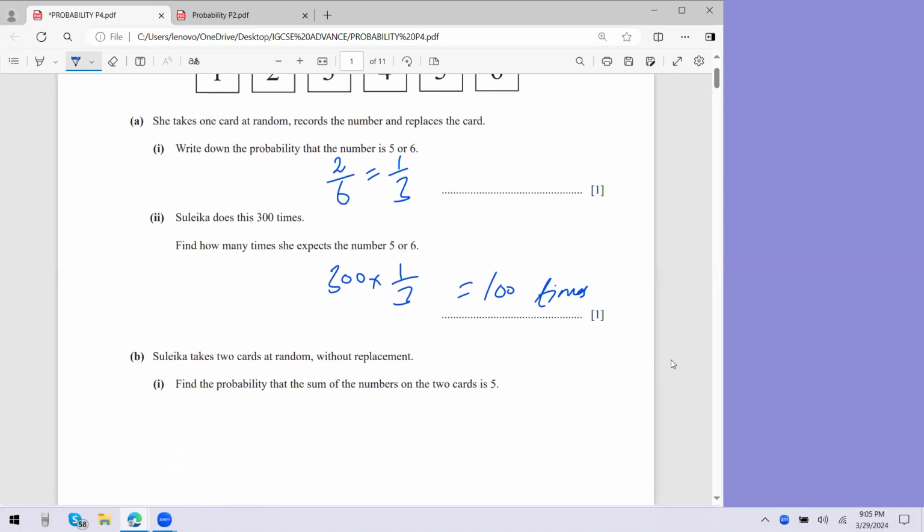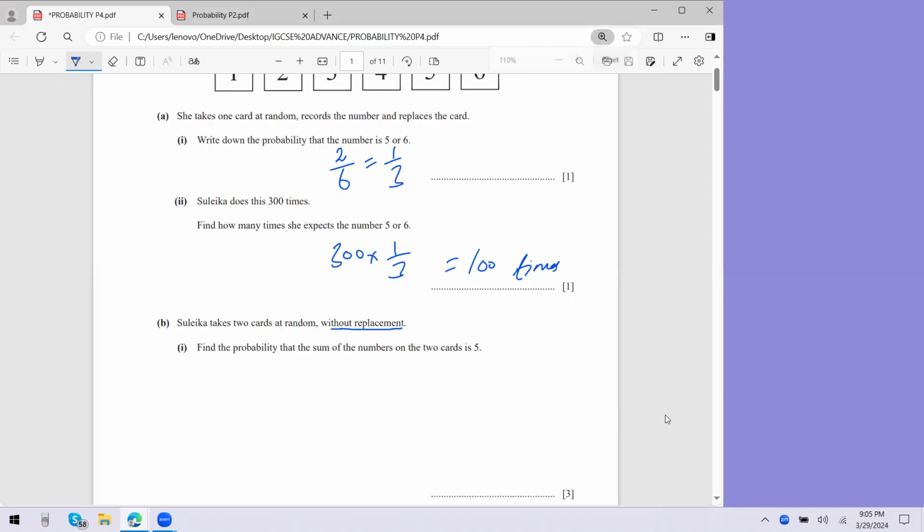Okay, so far I think it's easy, no questions. Suleika takes 2 cards without replacement. So this is the keyword. Make sure you understand without replacement. Find the probability that the sum of the numbers on the 2 cards is 5. So what are the 2 cards that we can pick so that we get the sum of 5?